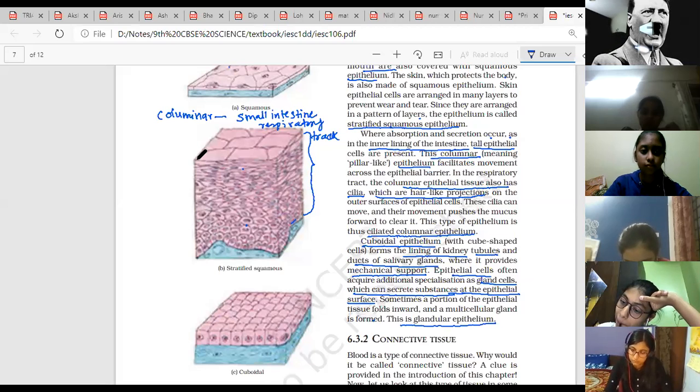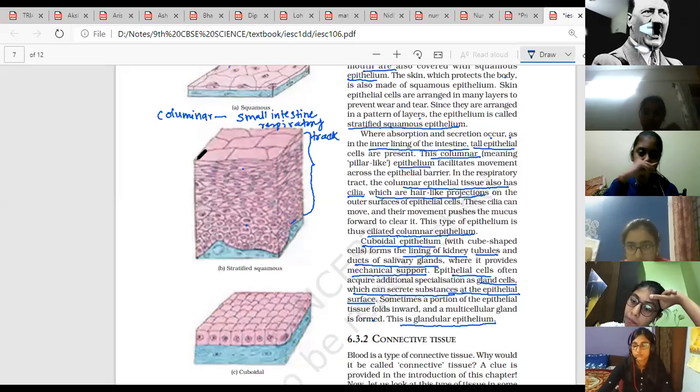And the plasma's function: what is the function of blood? It is to transport different substances from one organ to another organ. Why is blood called connective tissue? Because it connects the outputs of different organs. Oxygen and carbon dioxide are transported with the help of blood.